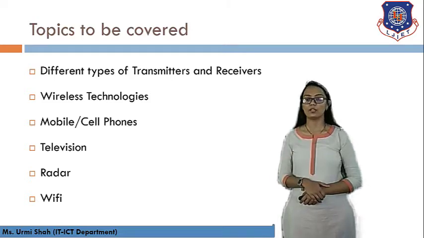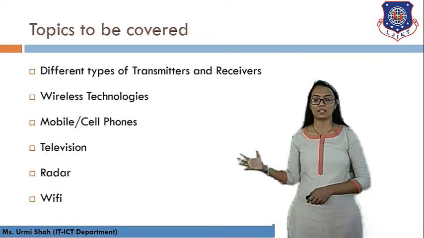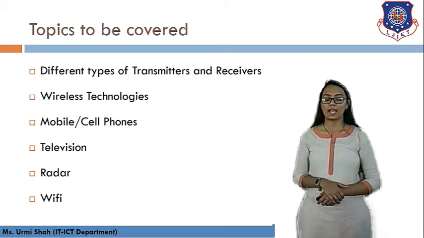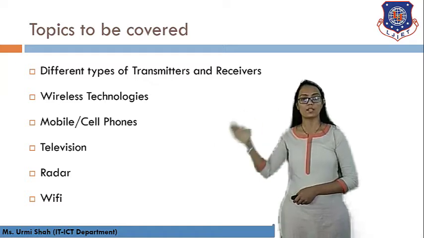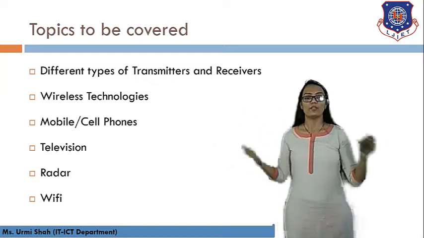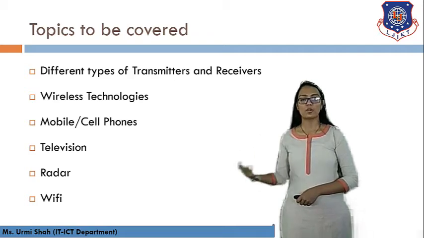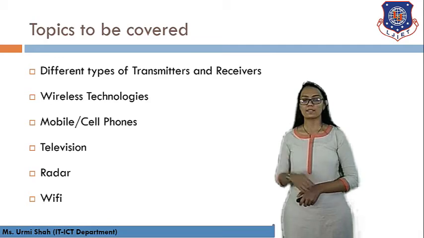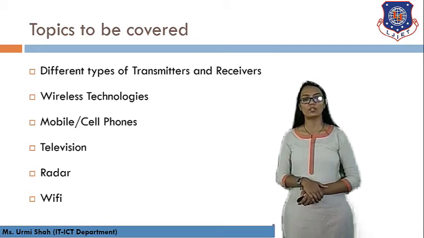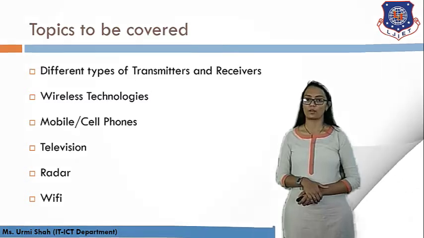Then we will look at further applications, that is television, radar and Wi-Fi. So now let's start understanding the topics where our radio communication concept is used for transmission and reception purpose. Let's start with the basic circuitry of the radio communication block.